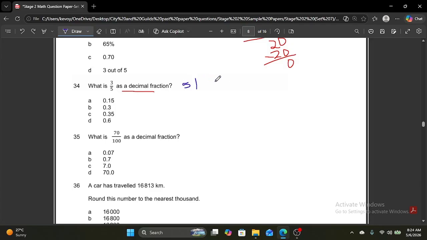Let me write this a bit neater. So 5 divided by 3. So now 5 into 3, you can't, that's 0. 0 times 5 is 0.